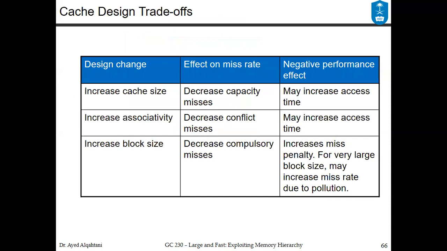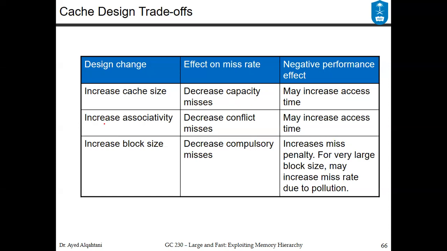Now, the cache design trade-off. If you increase the cache size, the effect on the miss rate is that it will decrease the capacity misses, but the negative performance effect is that it may increase the access time.